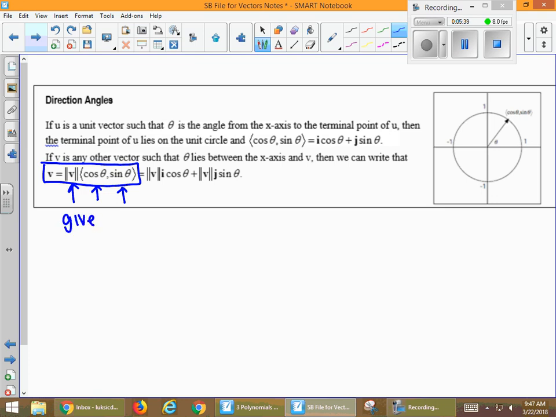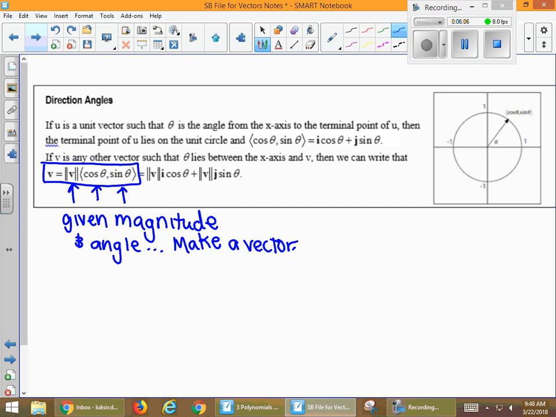Given magnitude and angle. And with those angles in there, if it's a unit circle angle, I would expect you to find the exact value and distribute that magnitude in.